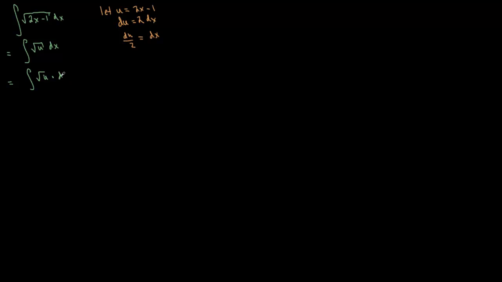Now notice I don't have exactly the form I want. I just want u du. But what can I do with this 2 on the denominator? Notice I have this item multiplied by this item, which the 2 then divides it all. So it's essentially like multiplying by 1/2. I can pull out a 1/2 and say this is 1/2 times the antiderivative of the square root of u du.